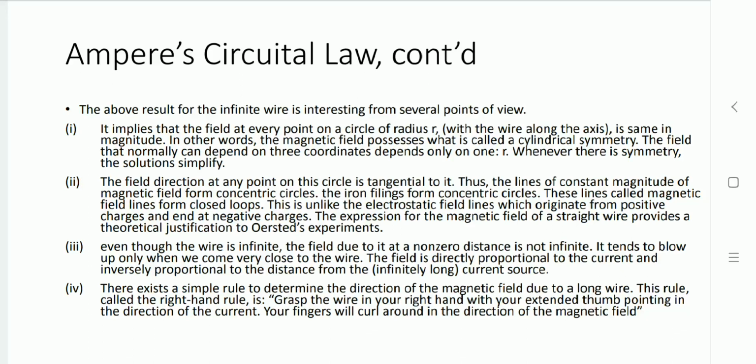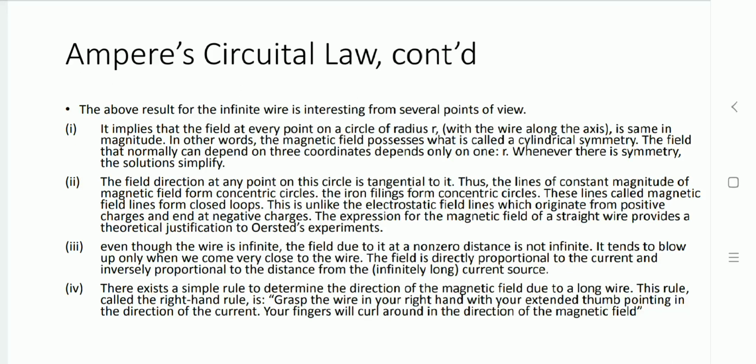I repeat: in the earlier case, in the Biot-Savart law, where it is defined along a circular path, the fingers of the palm are in the direction of the current, so the thumb gives you the magnetic field direction. Now here the thumb gives you the current direction.